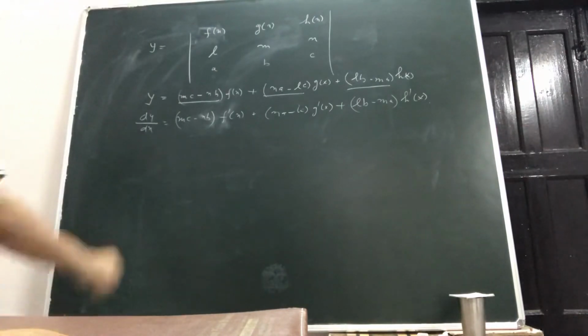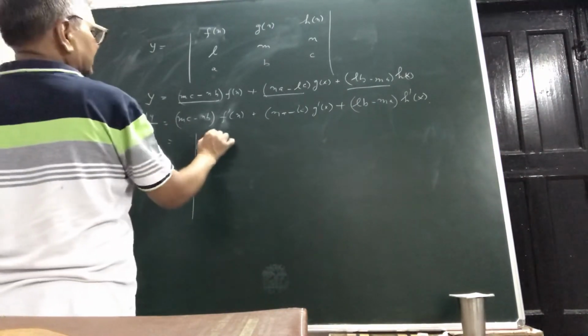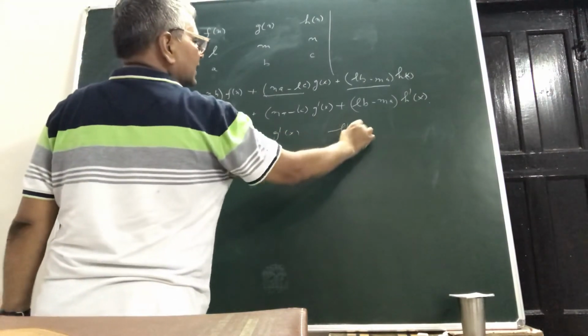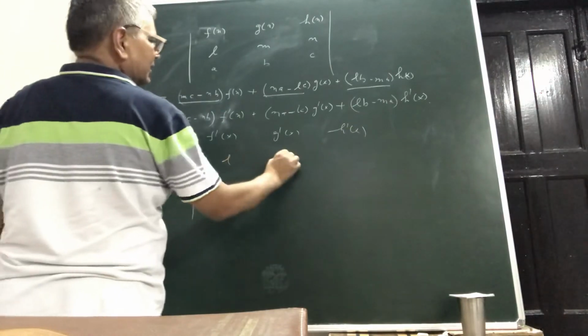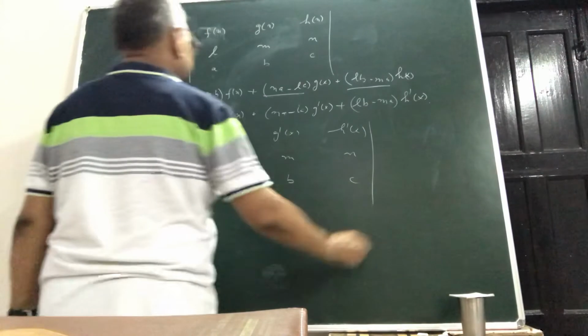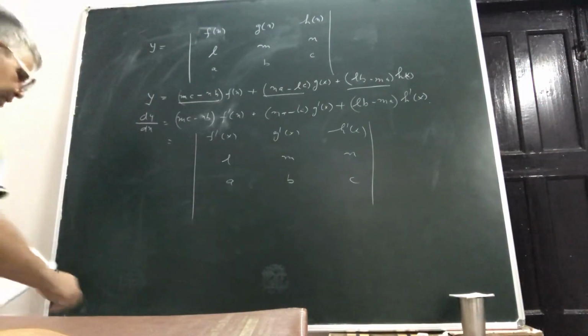And this is nothing but the determinant with rows f'(x), g'(x), h'(x), then l, m, n, and a, b, c. This expression is this determinant. So this is how you are going to prove it.